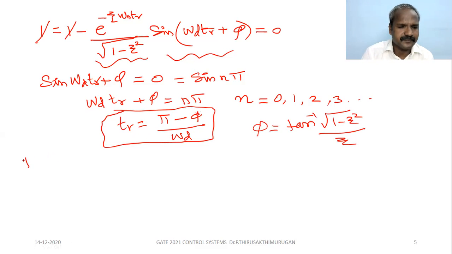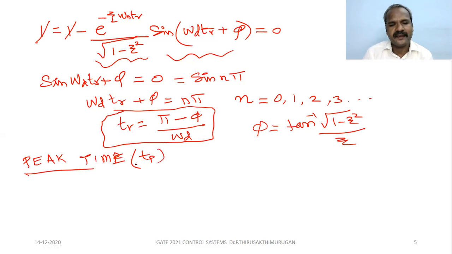Next is peak time, TP. So how to find the peak time? Again we have to consider the step response equation. To find the maximum and minimum, we should differentiate.